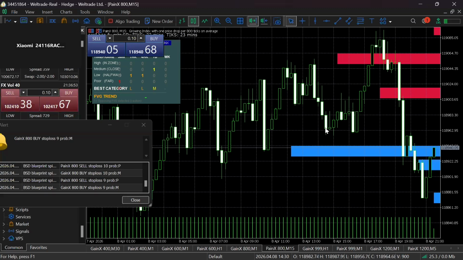Another thing I would like to mention about the zones: 4 hours for me is the strongest, but there is something else that comes with the 4 hour. A 4 hour setup zone will never fail you, but it requires a bigger account and a bigger stop loss even than the one indicated, because the zone you are seeing on the 4 hours is already 30 candles in the 1 minute time frame.